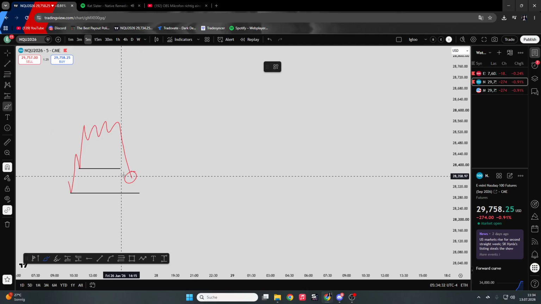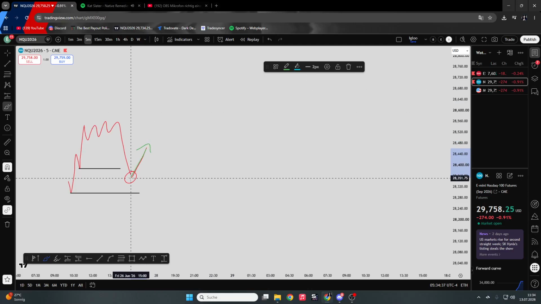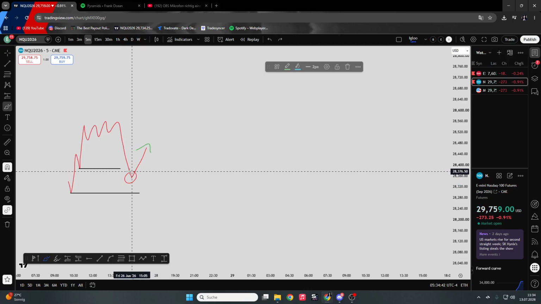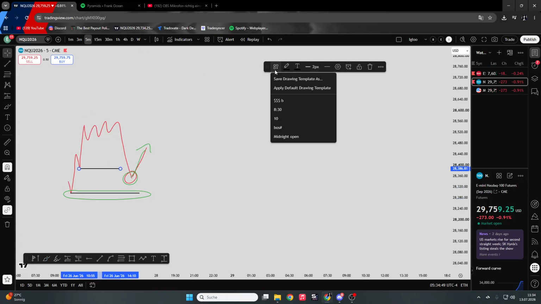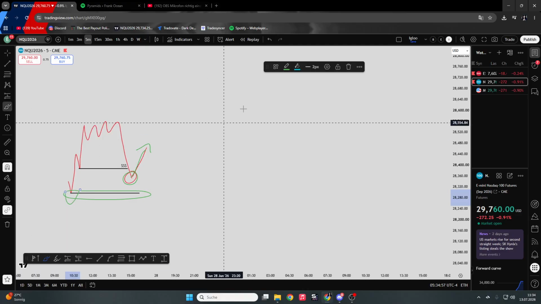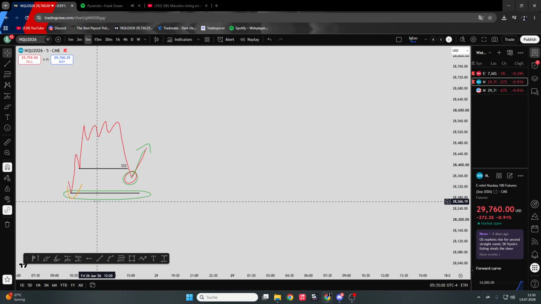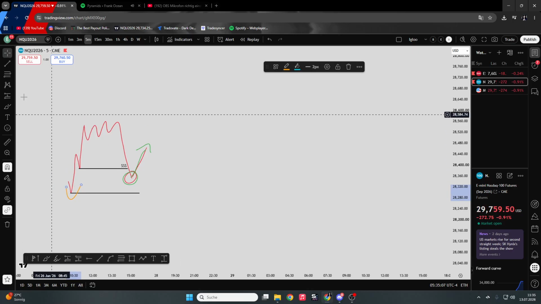If our manipulation ends here, we can be very sure that this low holds no liquidity at all and the market is not interested in it. So this is our draw that we take with liquidity. There is no liquidity here, and some people call it protected. However you feel comfortable calling it, we just say it's protected, because the market is not interested.